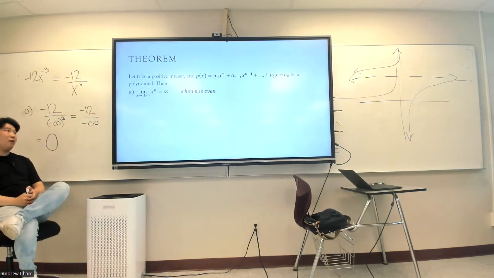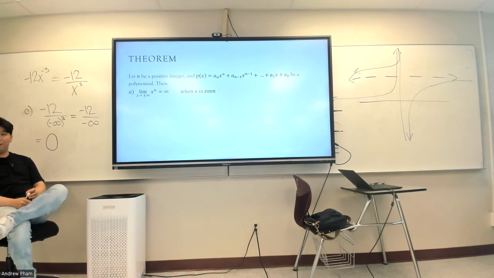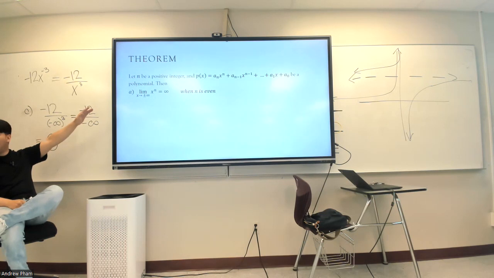Someone very quickly tell me why is this true no matter what when n is even? Yeah, so regardless of whether I'm going to negative or positive infinity, what happens whenever I take any number to an even power?